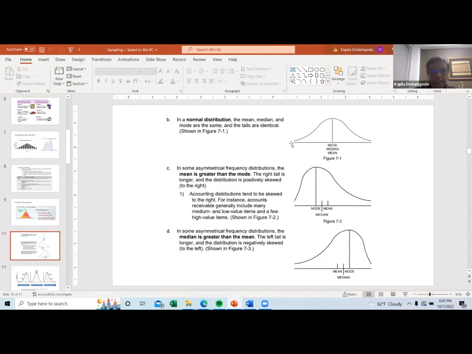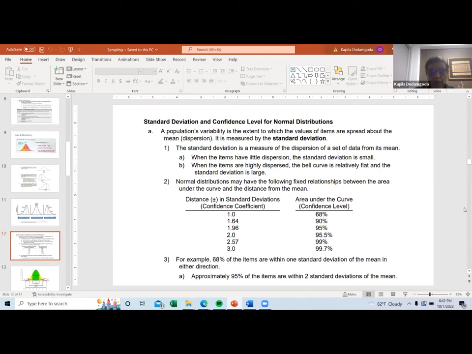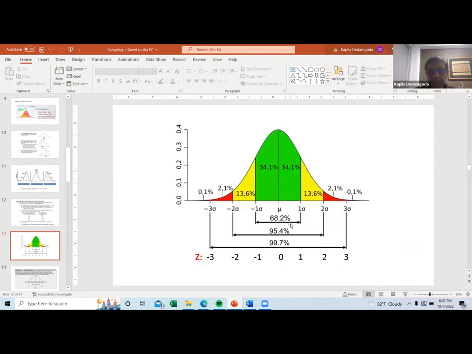Then in a normal distribution, what happens with the symmetrical distribution: how the mean, median and mode are distributed. Then what is a skewed distribution, a positively skewed distribution versus a negatively skewed distribution. And then for a normal distribution, what is standard deviation, which measures variability, and the percentages and probabilities.